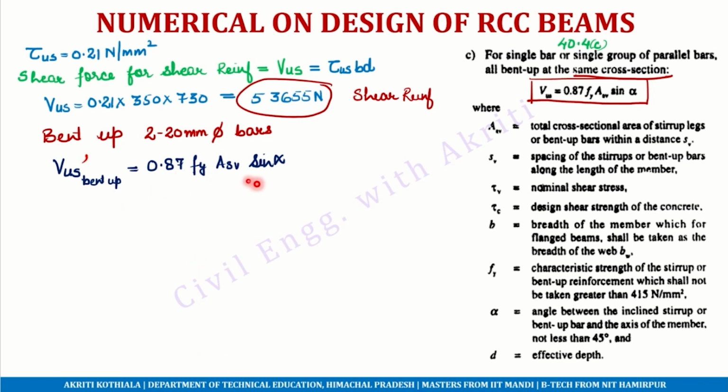So this is given by this formula where Asv will be equal to the area of the bars being bent up. So that is 2 into pi by 4 into 20 square. This calculates to be equal to 628.318 mm square. Now sin alpha, the code says alpha is the angle between the inclined stirrup or bent up bar and the axis of the member, not less than 45 degrees.